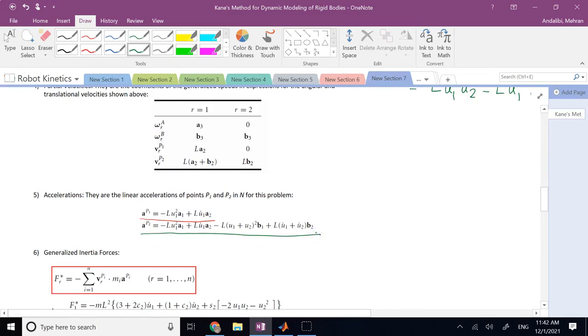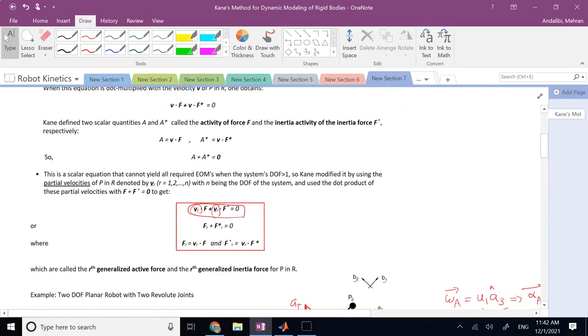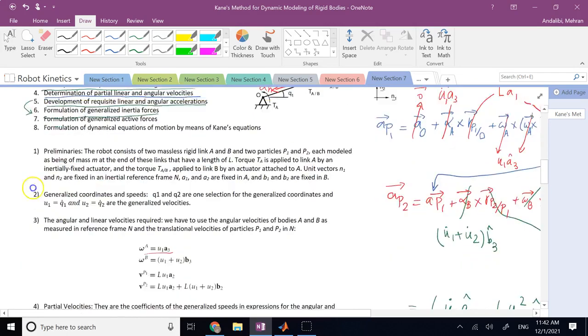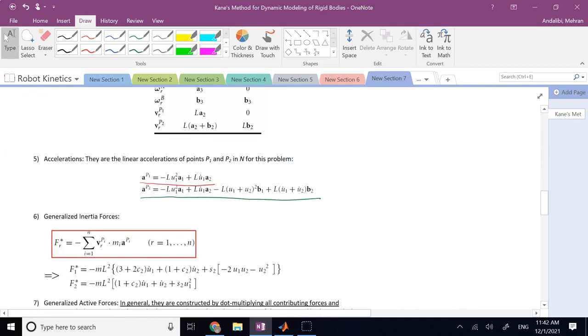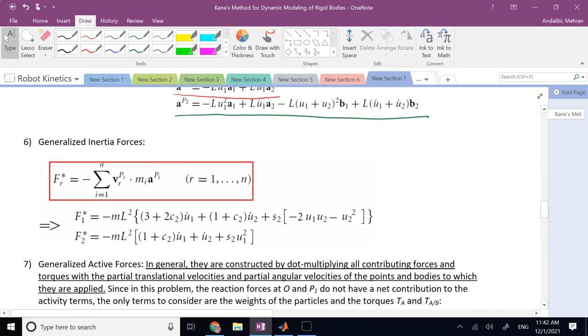So now I found the linear accelerations I want in the system to determine those F star R terms, right? The R generalized inertial forces FR star or F star R, right? How do I find them now?